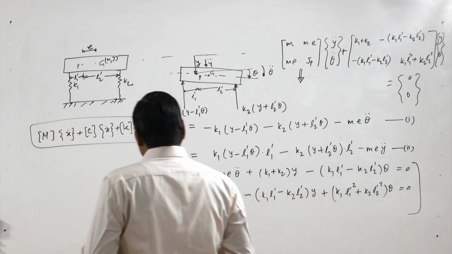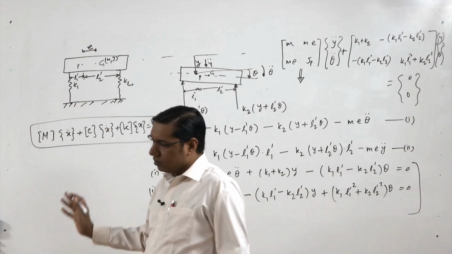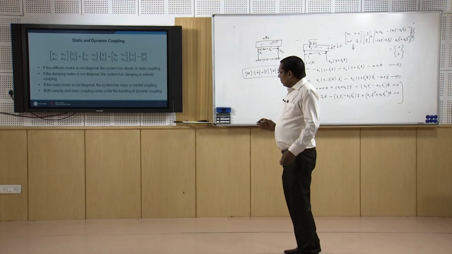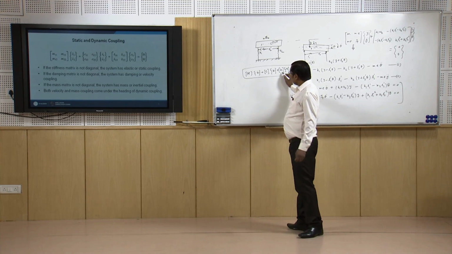If the stiffness matrix is not diagonal, then the system has elastic or static coupling.